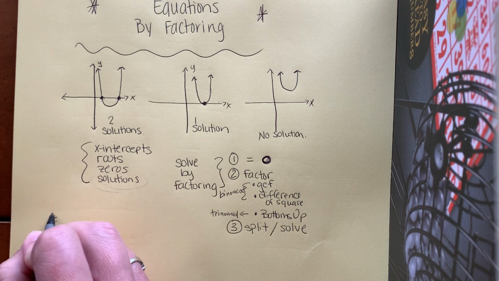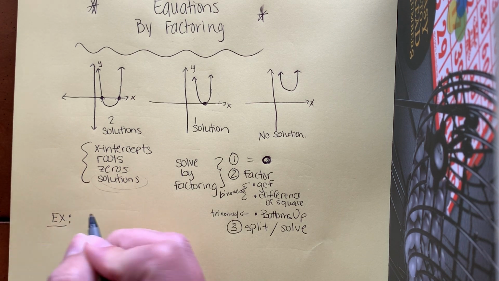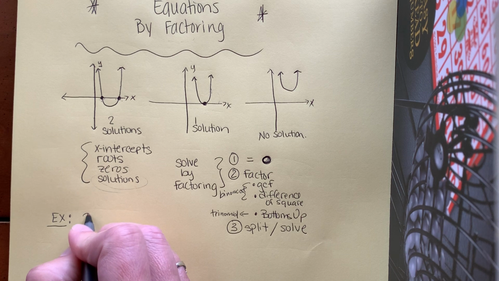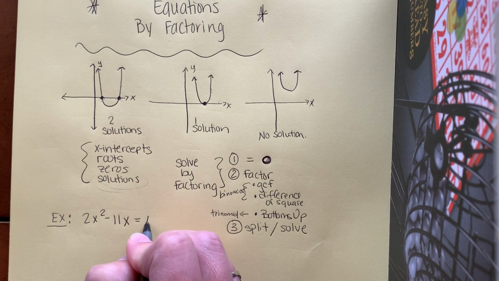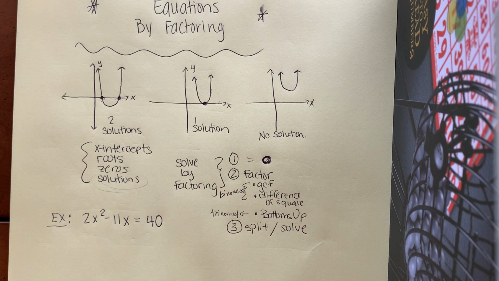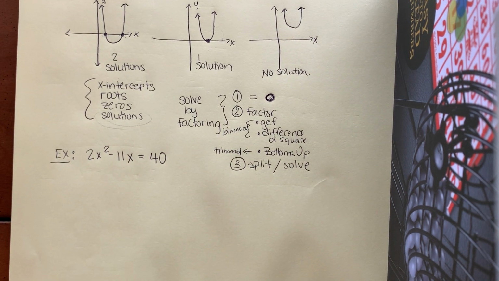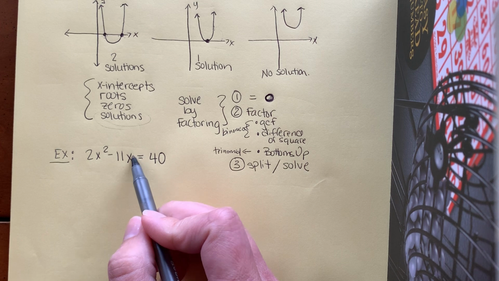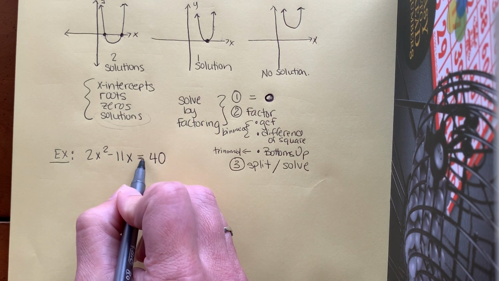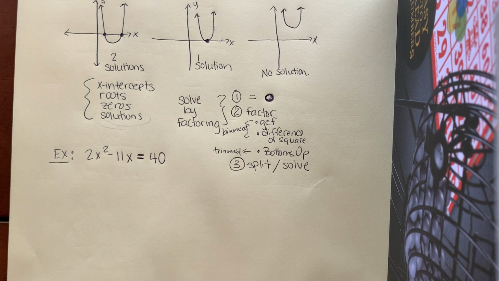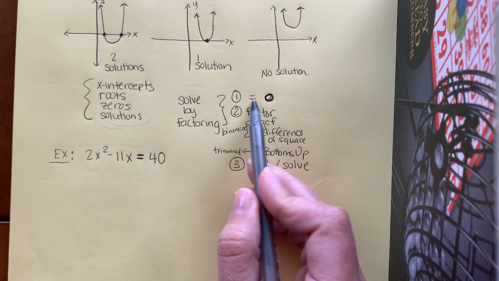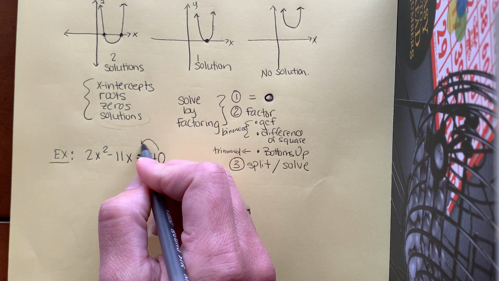So let's jump into an example. Let's do 2x squared minus 11x equals 40. Your instructions are going to say to solve. I know it's going to be a solving problem because it's an equation. We solve equations, we simplify expressions. So step 1 is to set the equation equal to 0. To do that, we're going to move that 40 over.